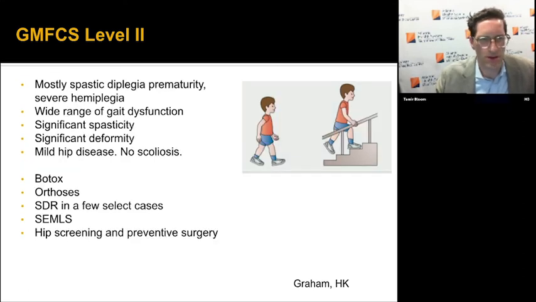The level 2s, Botox as well as orthoses, occasional selective dorsal rhizotomies, which is performed by my neurosurgery colleagues, occasionally SEMLs, and we screen the hips and perform preventative surgery.